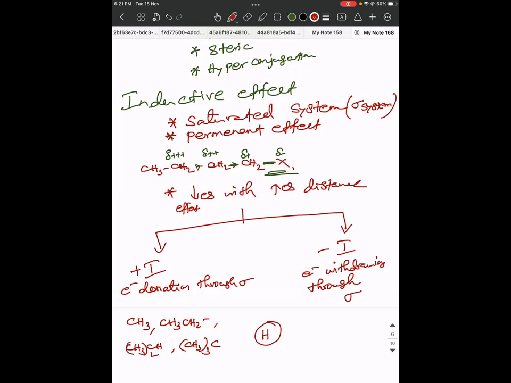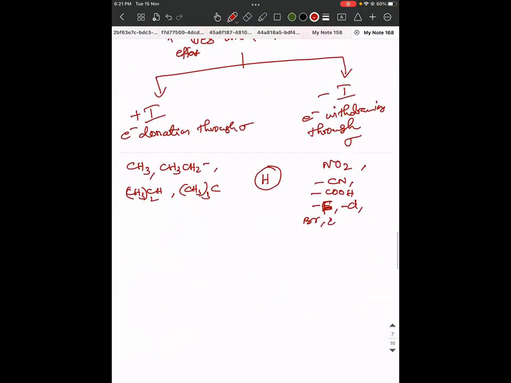Otherwise it should contain some multiple bonds இருக்கும். அப்ப என்னென்ன குரூப்லாம் பாத்தீங்கன்னா NO2, cyano, acid, fluorine, chlorine, bromine, hydroxide, ether, phenyl, and then hydrogen. So this is, and then positive charge N.